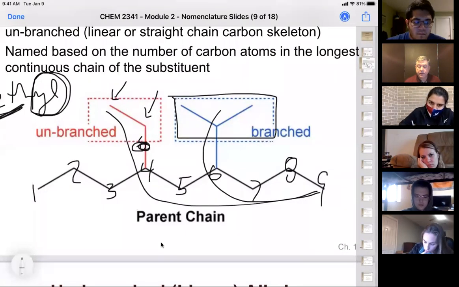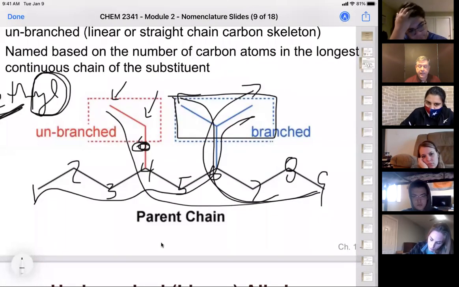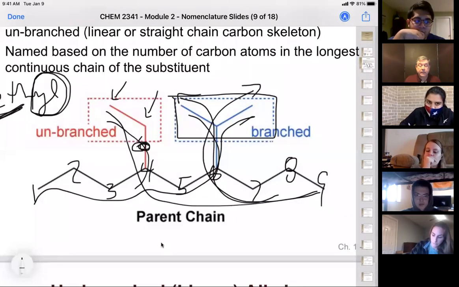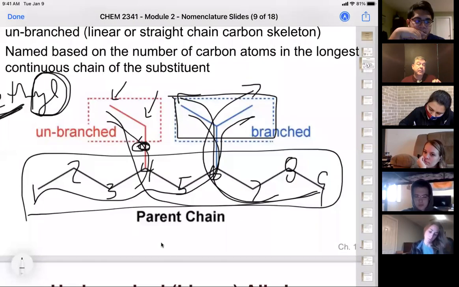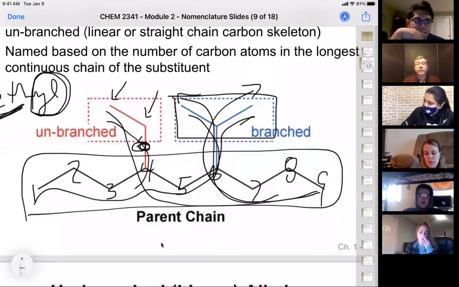If we counted this way, we would only end up with 6. If we counted this way, we'd only end up with 6. And likewise, if we go this way, it's 8, 8, and 6, meaning that the longest continuous chain is this 9 chain. Okay, so that's why I said sometimes you got to number it a couple different ways to make sure that you have the longest parent chain.